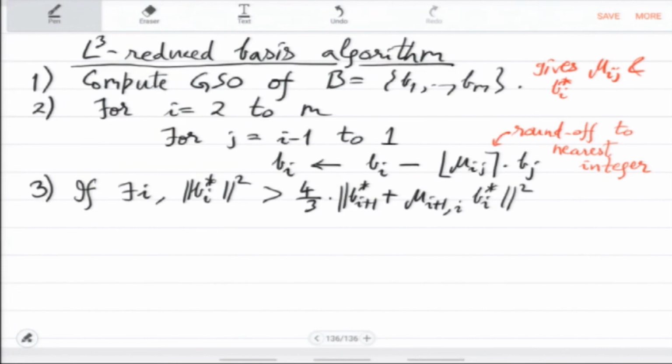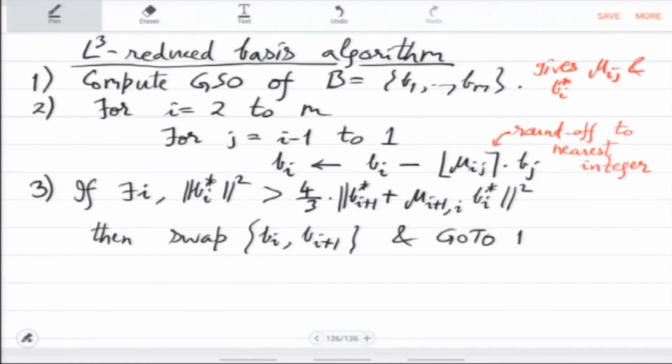The simple hack is you swap bi and bi plus 1. But remember that GSO is very sensitive to the order of B1 to Bm, the order in which you are doing the computation. Since you have swapped Bi with Bi plus 1, this will change the GSO calculation, so you have to go back to step 1.